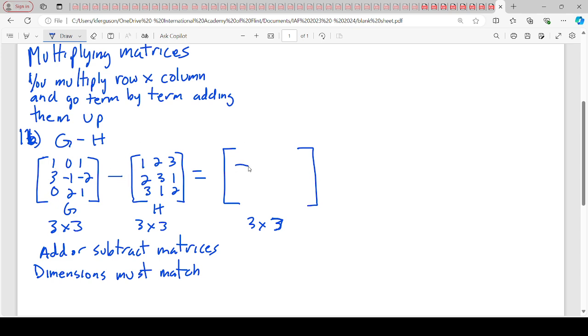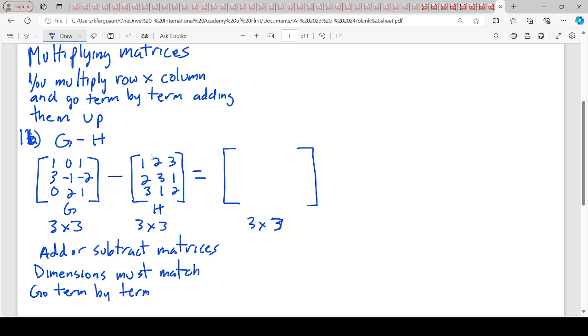So I'm not going to do that though. Okay. So adding or subtracting matrices, dimensions must match, and you go term by term. So this is subtraction.